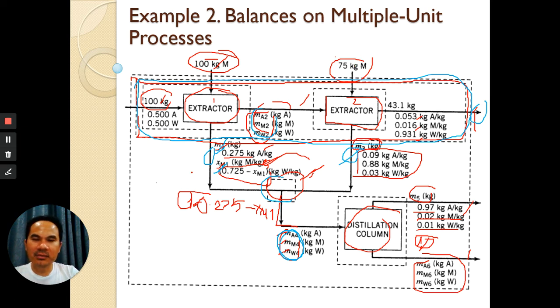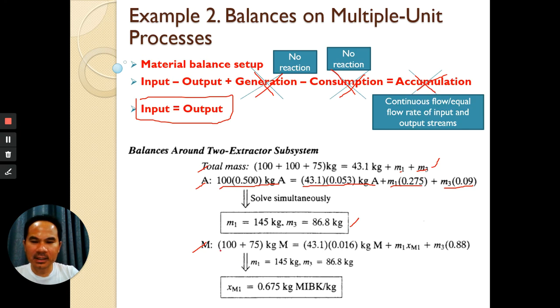Equal to XM1 multiplied by M1 plus 0.88 M3 plus 0.016 multiplied by 43.1. Totally you get this. You know M1. You know M3.